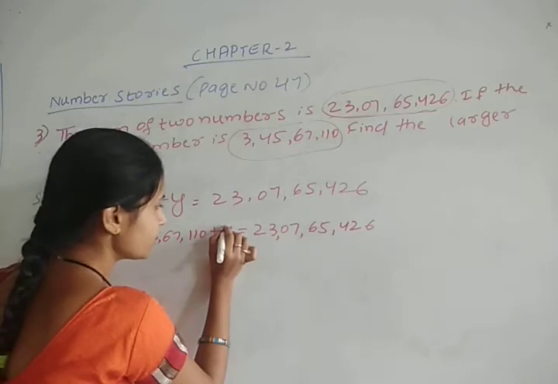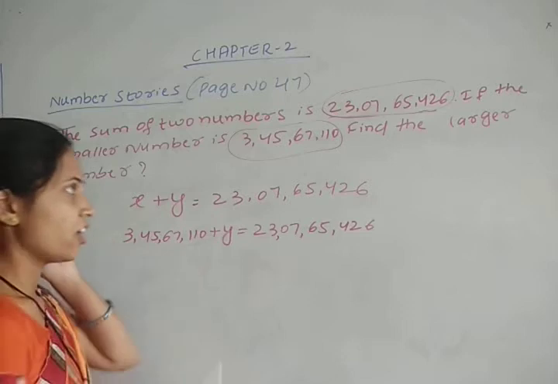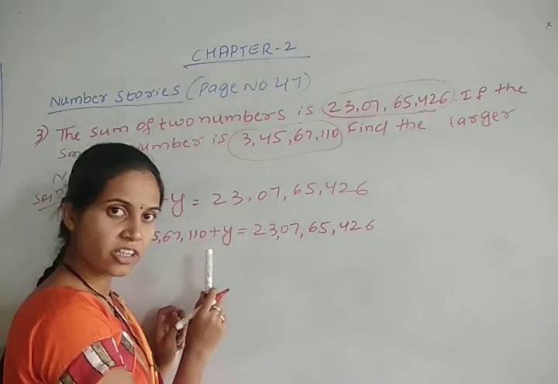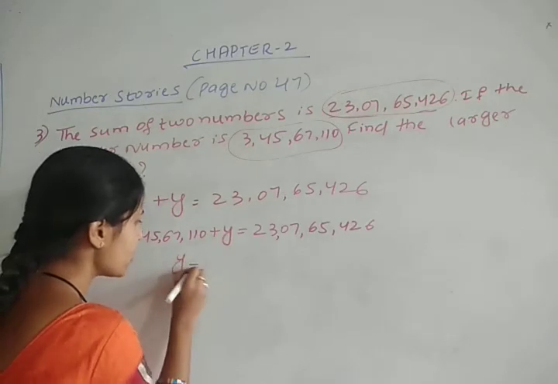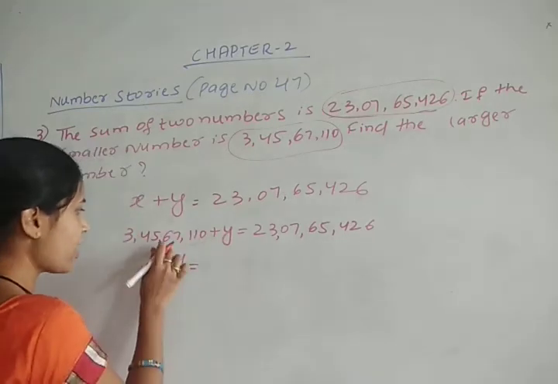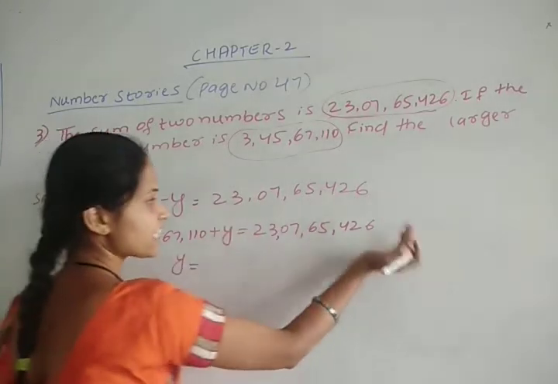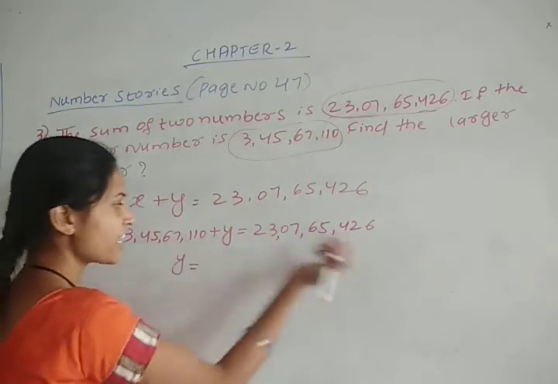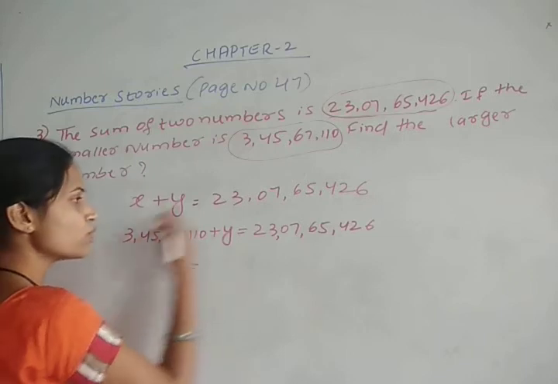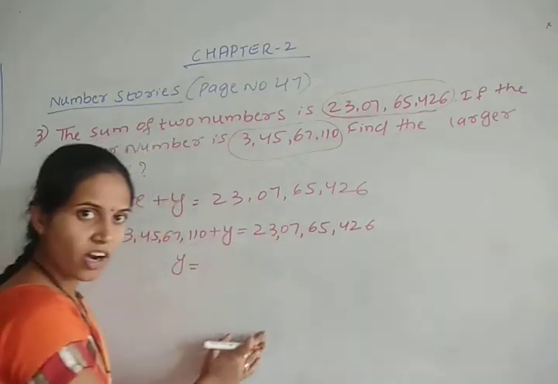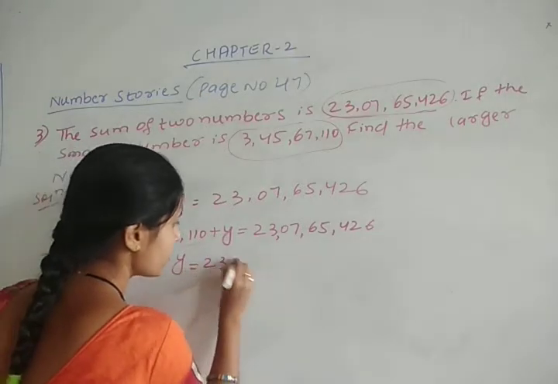Here I will consider y as the larger number, and I want the value of the larger number, that is y. To find the value of y, I will send this value, 3 crore 45 lakh 67,110, to the right side. If this number goes to the right side, it changes its sign. Here it is plus; if it goes to the right hand side, it becomes minus.